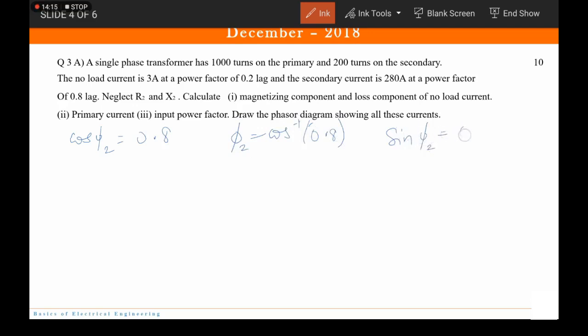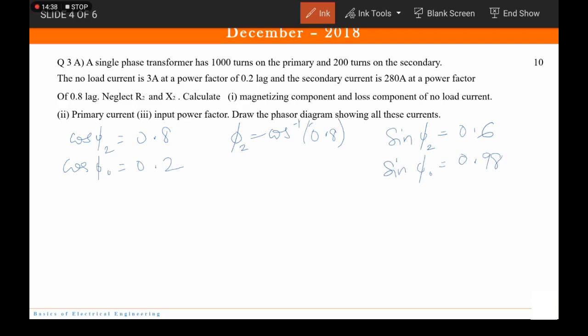So sin phi 2 comes out to be 0.6. Similarly, cos phi 0 is given, which is 0.2, so I will find sin phi 0. That comes out to be 0.98.